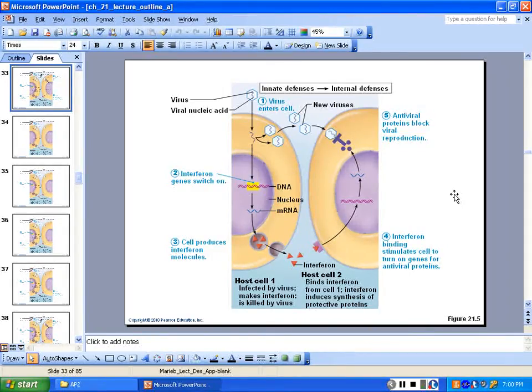Does the interferon in any way protect that cell that has already been infected? No, it does not. What it does is it tells the cells in the neighboring region what the bad guy is, and it allows them to block the viral replication. Okay?